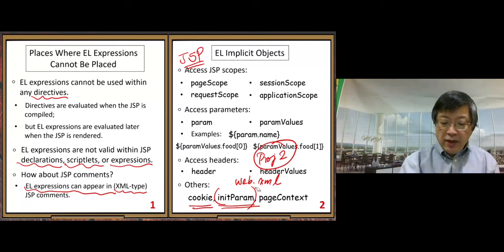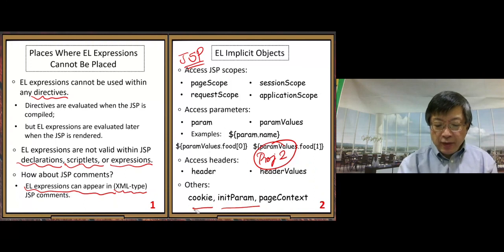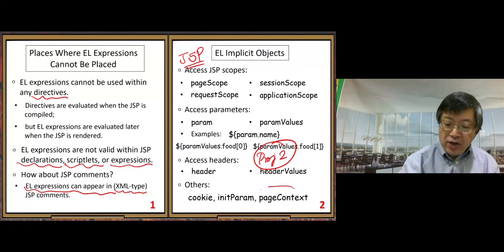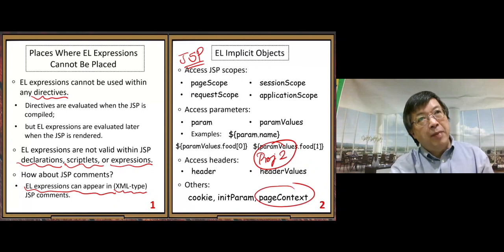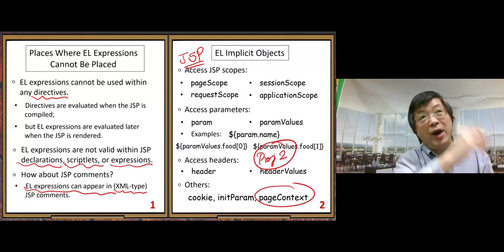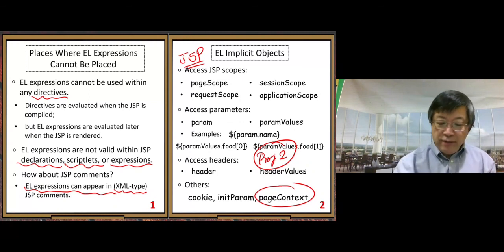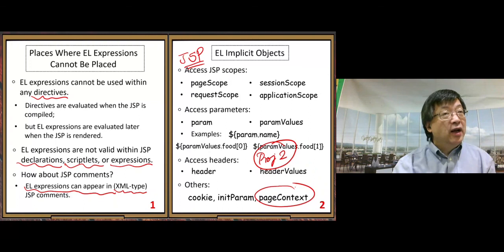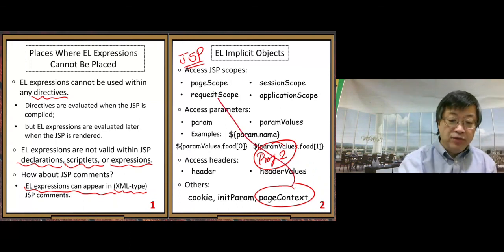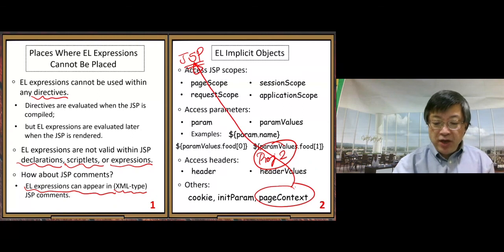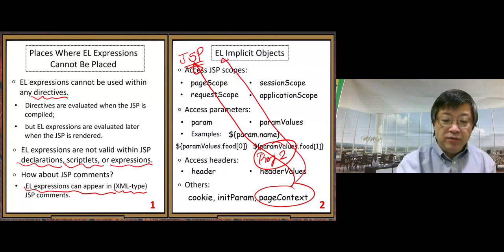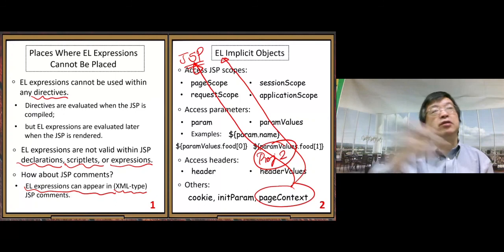Then the last one, also very important: pageContext, capital C in context. Why is it special? Because this one is the only one that has the same object name both as a JSP implicit object and as an EL implicit object.